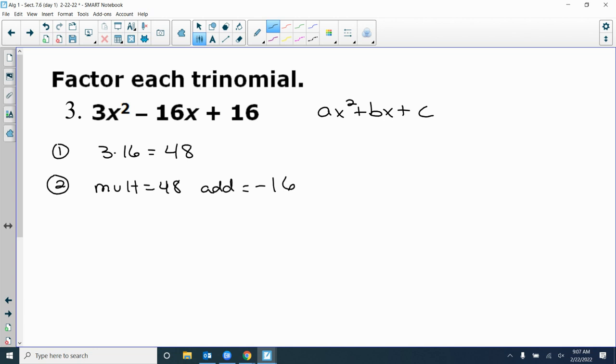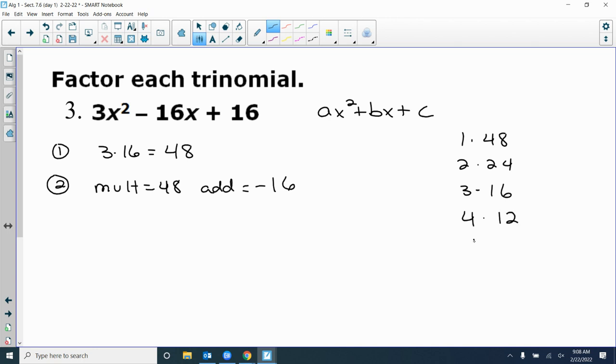All right, we've got to come up with those numbers. What are 2 numbers that multiply to get 48? Without worrying about signs, I'm going to think 1 times 48, 2 times 24. Does 3 go into 48? 3 times 16. 4 times what? 4 times 12.